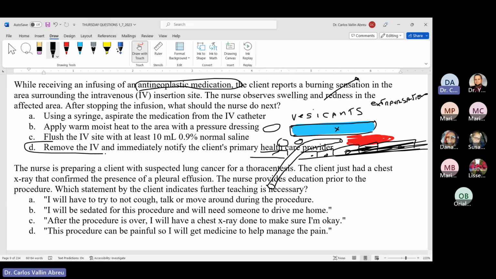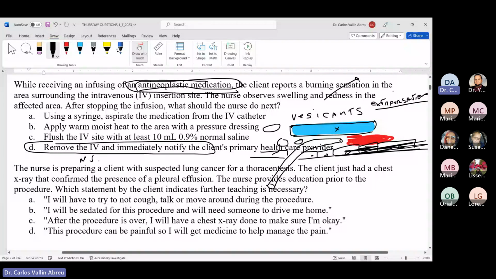Option D would be right if it were normal saline. But the problem is not normal saline, it's antineoplastic medication. When it is antineoplastic medication, it is called extravasation, not infiltration, and this is an issue.